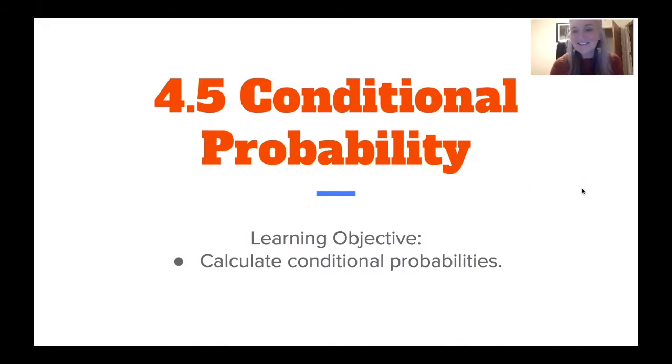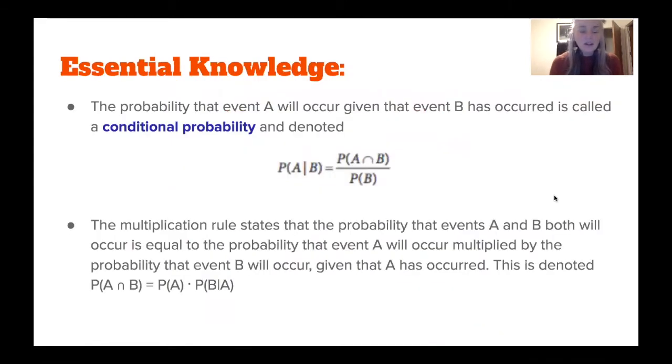Conditional probability is the probability that event A will occur given that event B already happened. The notation is the probability of A given, that's the bar, B, is the probability of the intersection of those.